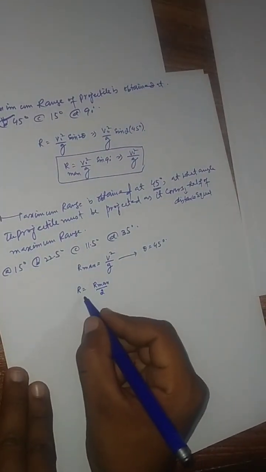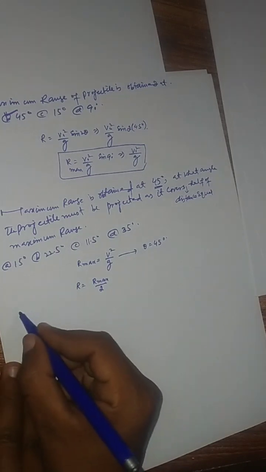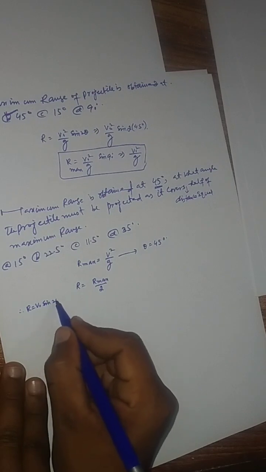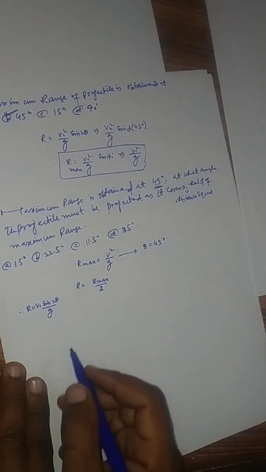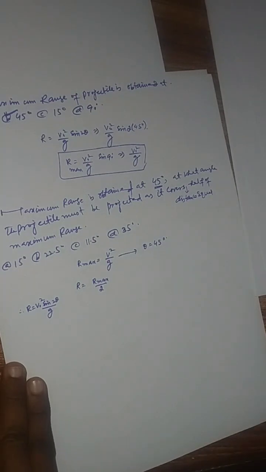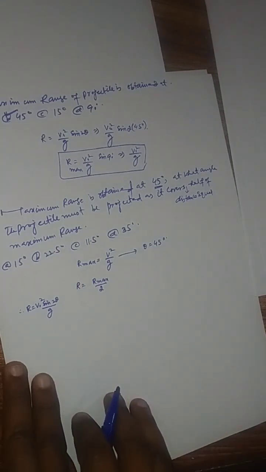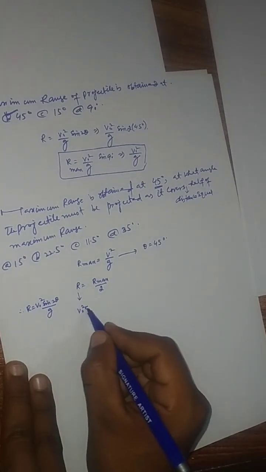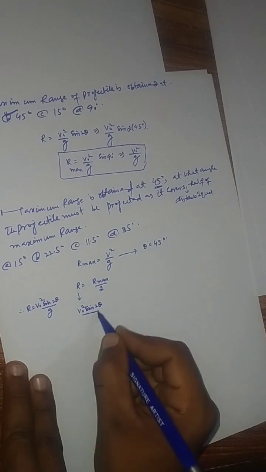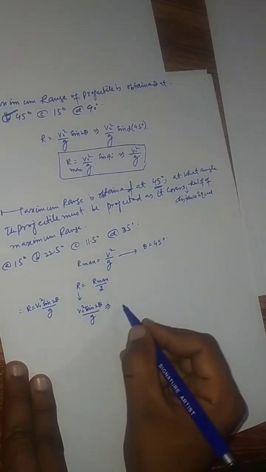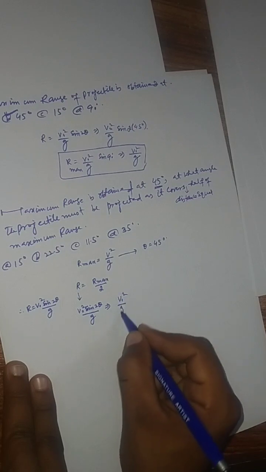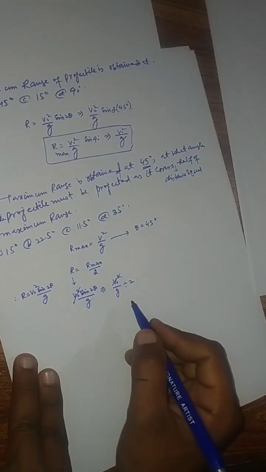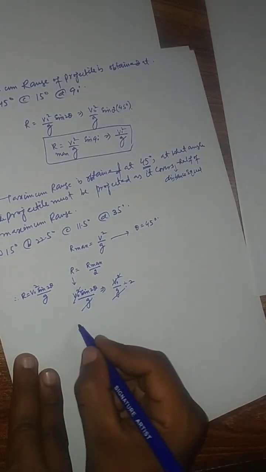So for this, R is equal to v naught square sine 2 theta over g. If we use in place of this, v naught square sine 2 theta over g equals our maximum v naught square over g divided by 2. So v naught square gets cancelled, g gets cancelled.